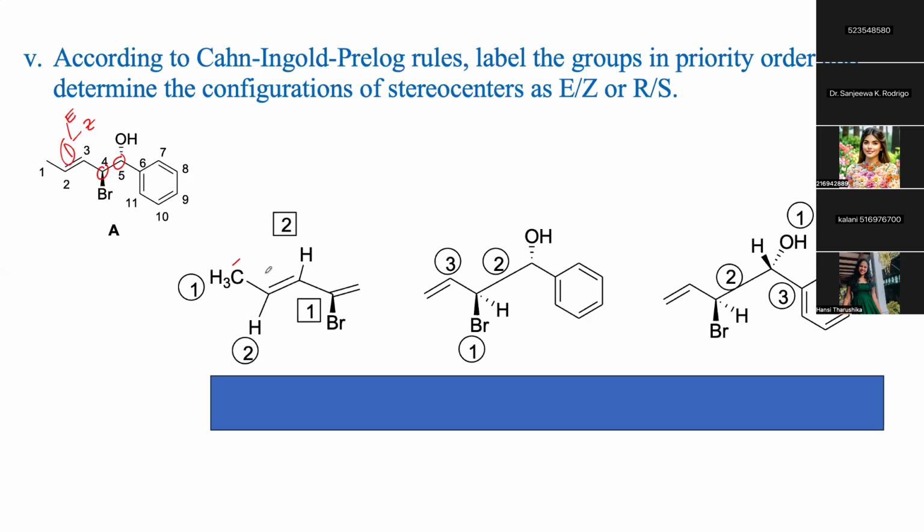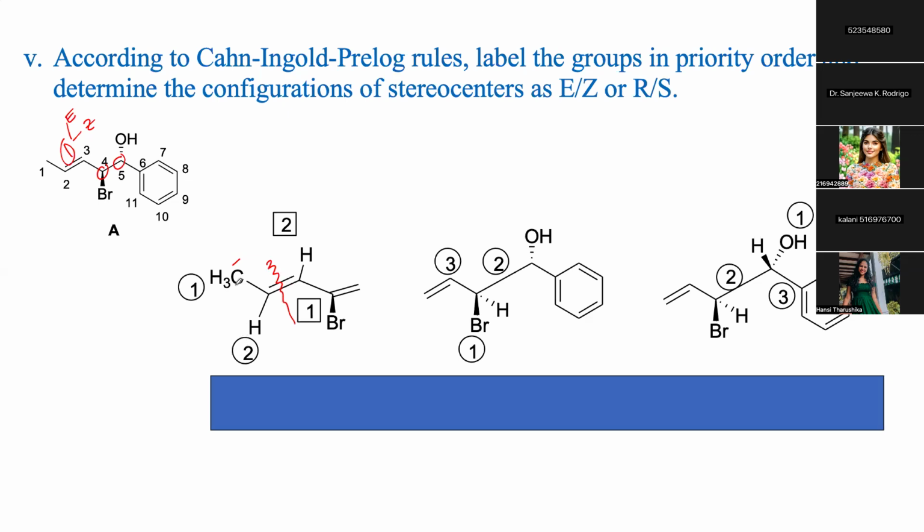In double bonds, when you have alkenes, we divide the molecule in half like this, not really, but you try to prioritize the 2 groups on one side and the other side.